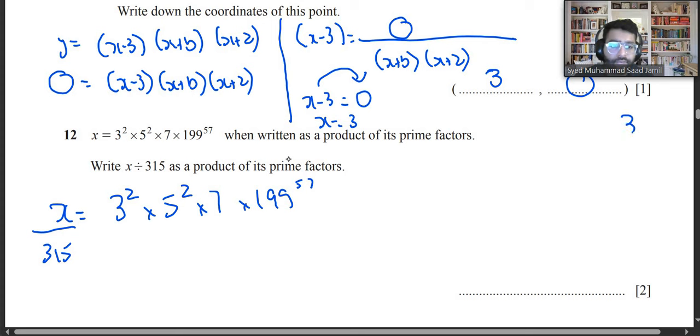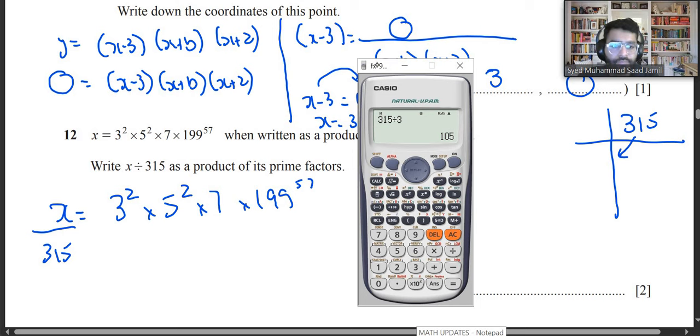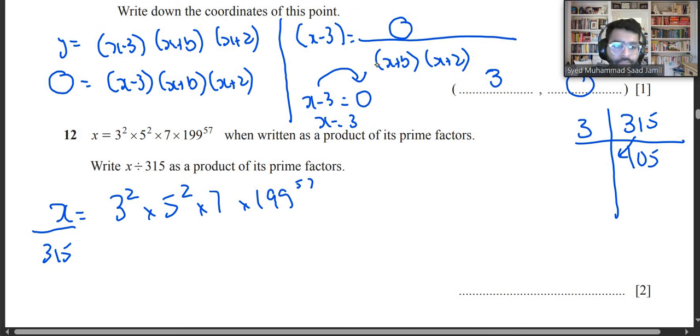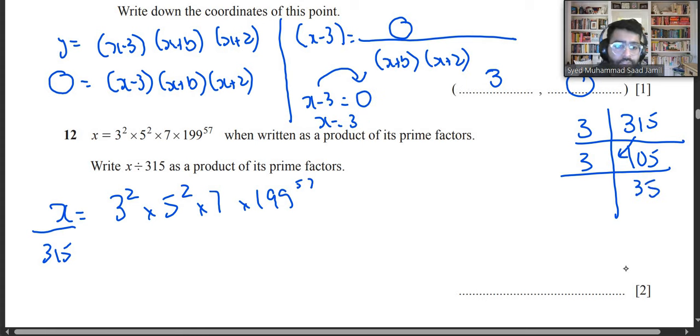Now let's find the factors of 315. We can do it like this, I like this method. Let's divide 315 by 3. 315 divided by 3 is 105. Then divide by 3 again: 35. Then divide by 5: 7.